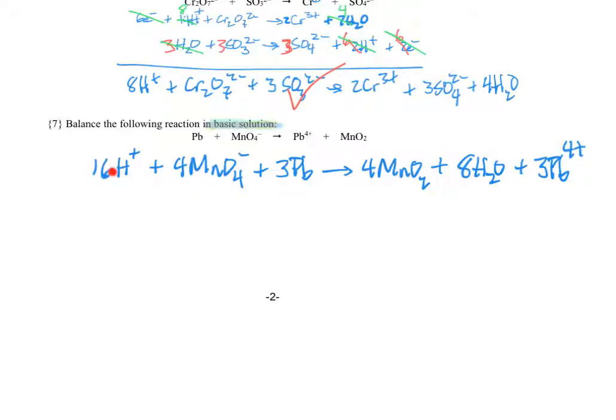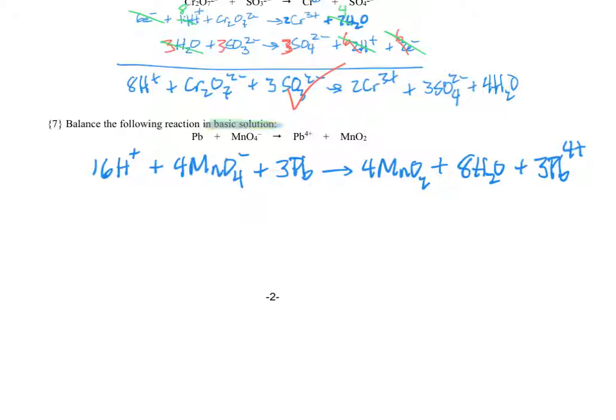I'm going to add OH minus hydroxide to both sides of the completed balanced acidic version of the redox reaction. So in a way, I'm going to neutralize this H plus while I turn it basic over here on the opposite side.